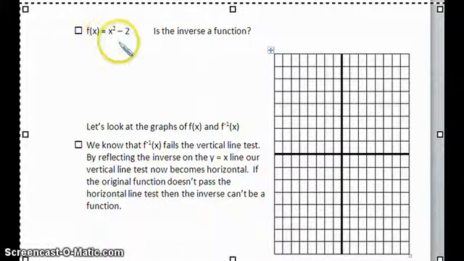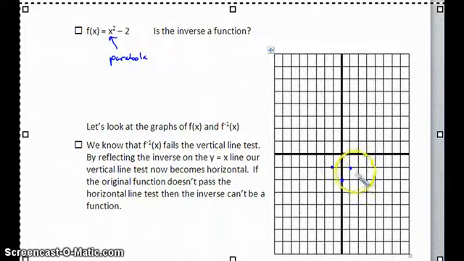So let's make the graph for x squared minus 2. I know that it's going to be a parabola, because the parent function is x squared, and the minus 2 means that it's going to be shifted down 2. And so then I know if I plug in some points here, if I put a 1 in here, I'd end up with -1.